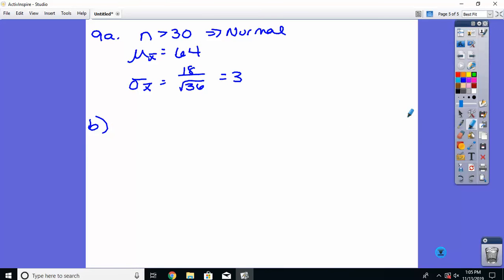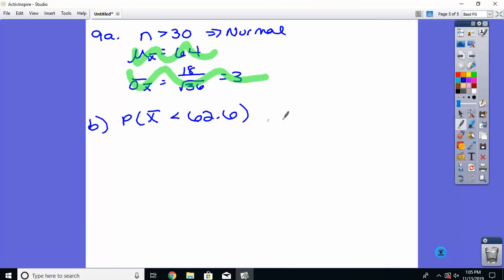Now, in part B, I am talking about X bar, so I'm using this mean and standard deviation. I want the probability that X bar is less than 62.6. So change it to a Z. So 62.6 minus the mean for X bar, which is 64, divided by the standard deviation for X bar, which is 3.